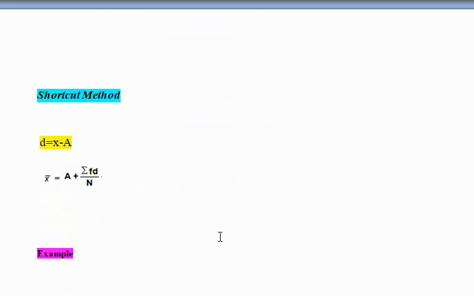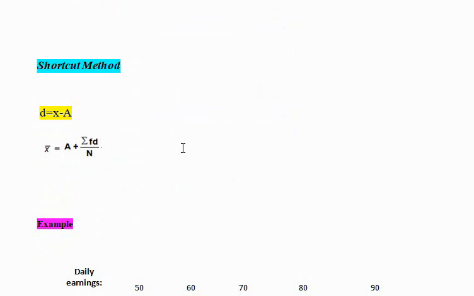Now in this case also we can go for another method, that is the shortcut method. In the above case we discussed when the numbers are very small, like single digit numbers. Even when the numbers are big, we can use the shortcut method. It is almost the same as the shortcut method in individual series.